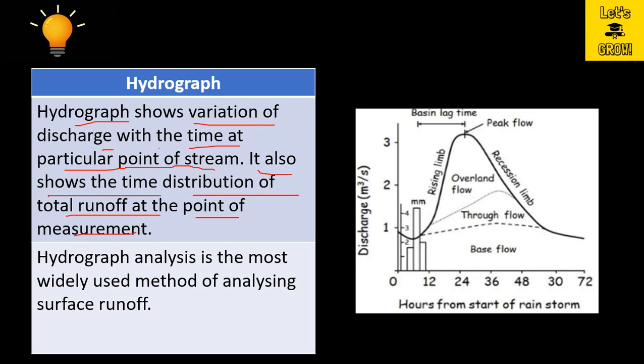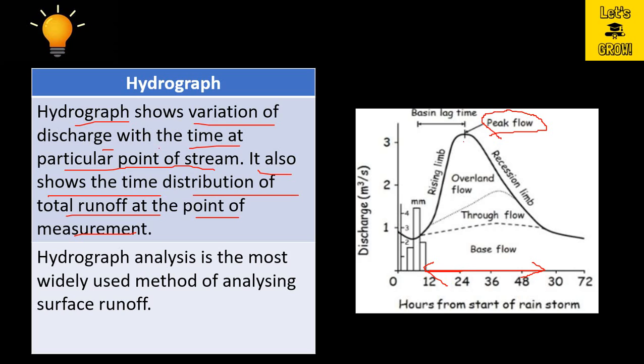We can see here the time in which there is a significant discharge in our river, so we can see the time distribution. Along with this, we can also see at what time we are getting the peak flow.